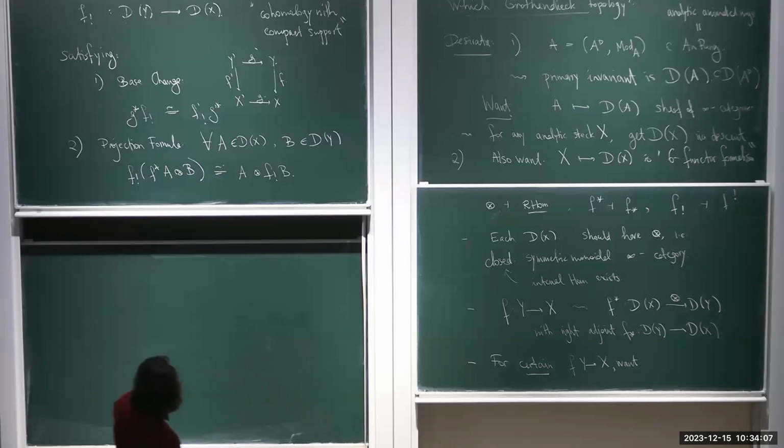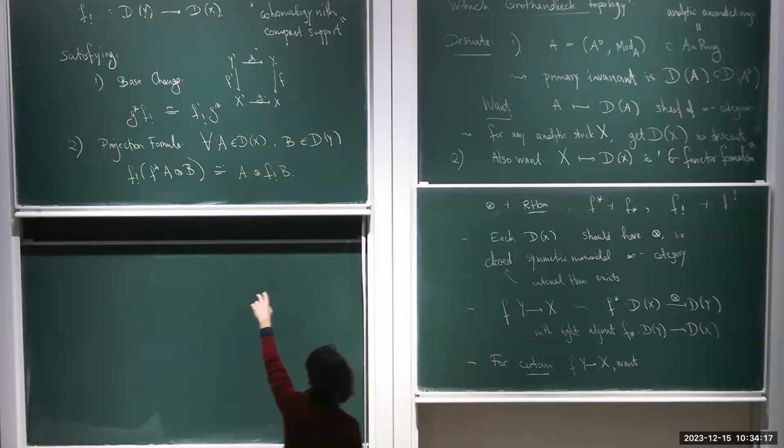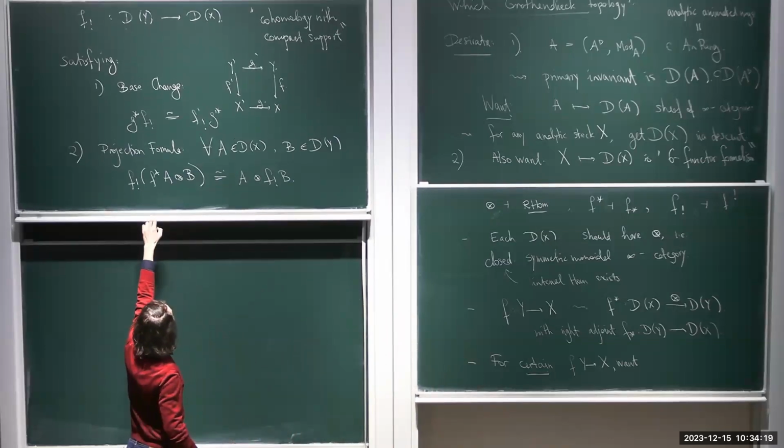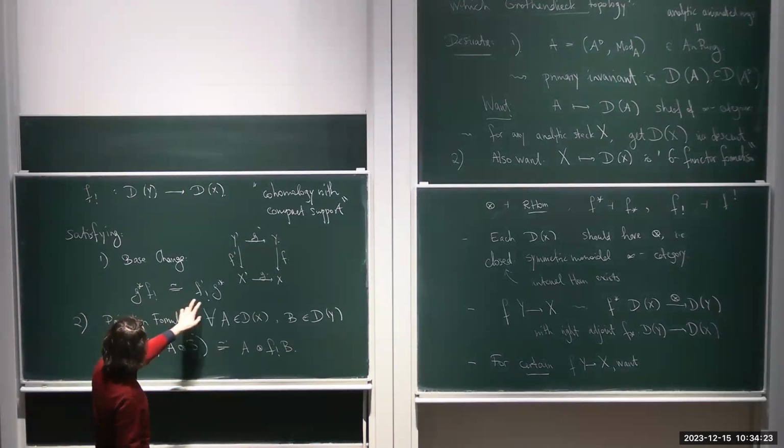Right. But before going on, maybe let me make a remark, because I think Gabor will complain in a second that there is a completely imprecise definition here of what a six-functor formalism is, because when I write this isomorphism here, there is no natural comparison map between the two. These are just two random functors, but they should naturally be identified.